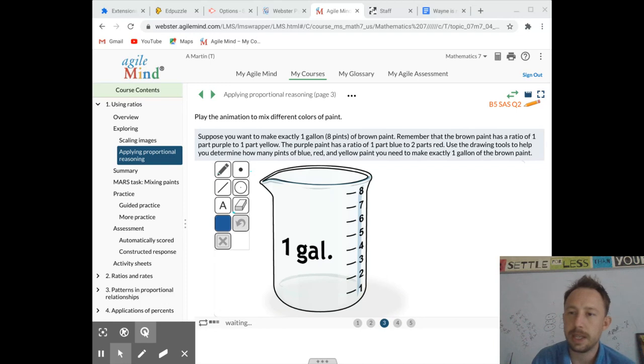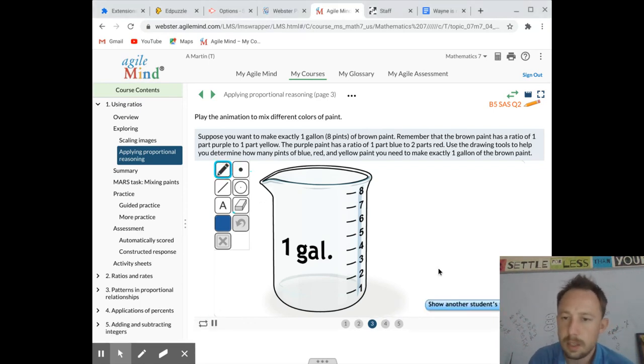Let's go with Kaylee Adams. I'm going to see if she can help us. All right, Kaylee. Looking at what we got right here, you'll notice that it says we have 8 altogether, and we're going to use 1 part of blue and 2 parts of red. All right, so 1 part plus 2 parts is how many parts in all? 3. 3 parts, okay?